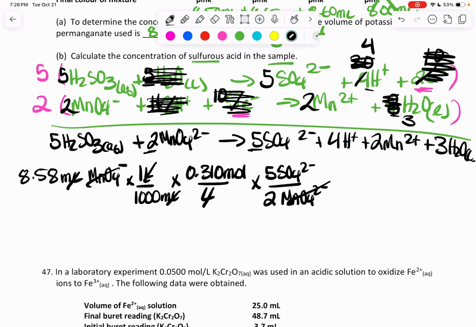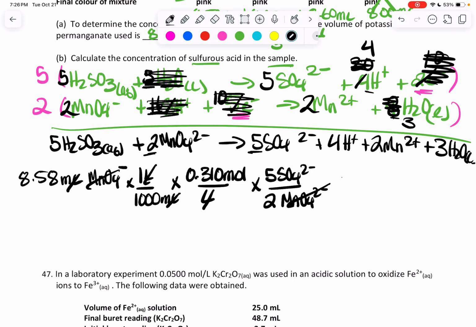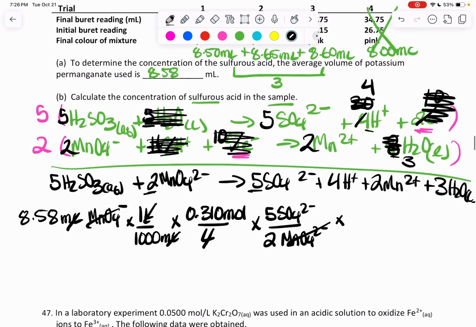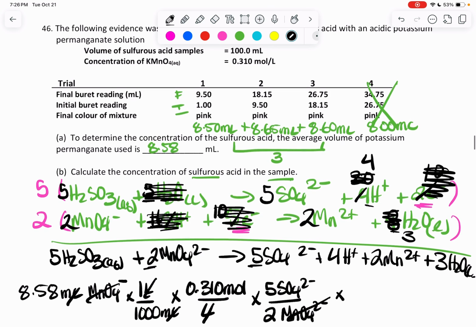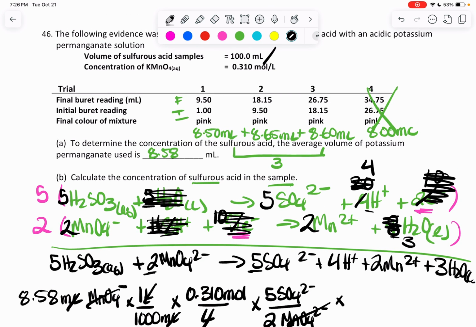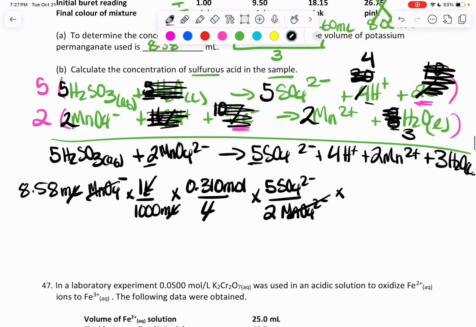These cancel here, and then I'm going to convert this 100 milliliters into liters by dividing this by 1,000, which is equal to 0.100 liters. So I'm going to multiply it by 1 over 0.100 liters, which should give me a final concentration of 0.06665 moles per liter.